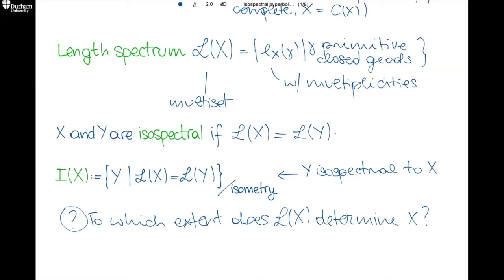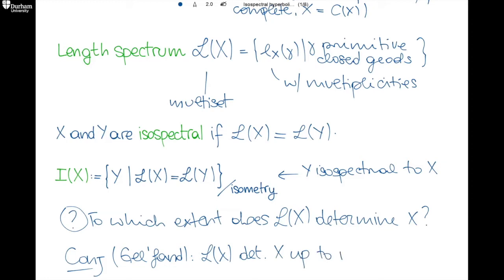And actually, at first, it was conjectured that, yes, you could tell it entirely up to isometry. So this was a conjecture by Gelfand, that if I know the length spectrum, I know the surface up to isometry. It determines X up to isometry.